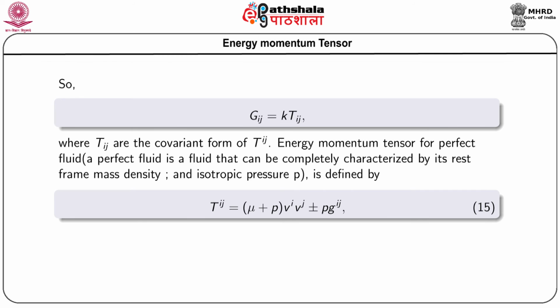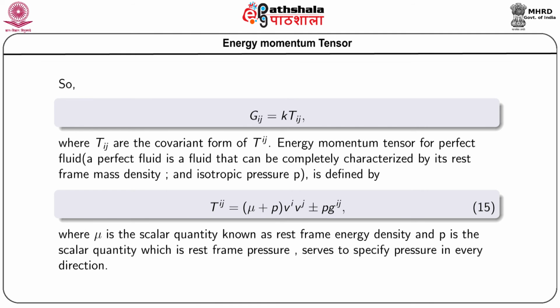So this is the energy momentum tensor for a perfect fluid, where mu is the scalar quantity known as the rest frame energy density and p is the scalar quantity which is the rest frame pressure, and it serves to specify pressure in every direction.